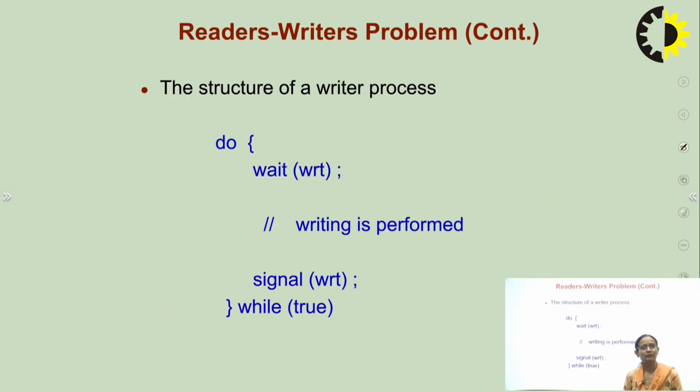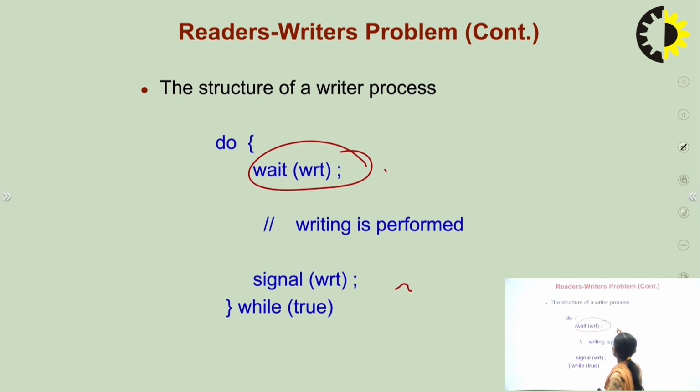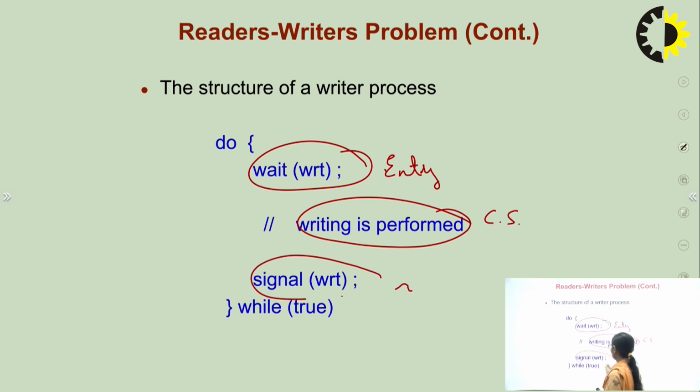So this is the structure for the writer process. In the case of the writer, this is our entry section, this is our critical section, and this is our exit section. The critical section code could be anything, depending upon my application.